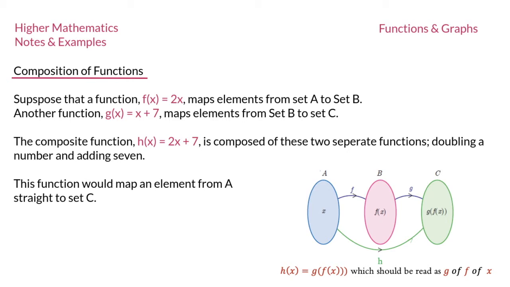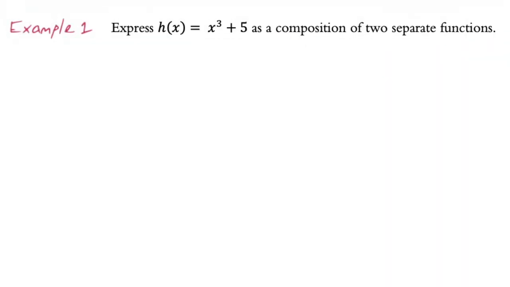We write that, as you can see, with g on the outside, f of x inside the bracket, and we say that as g of f of x. So we need to really look at some examples to see what this idea means in practice, and we're going to do that now.